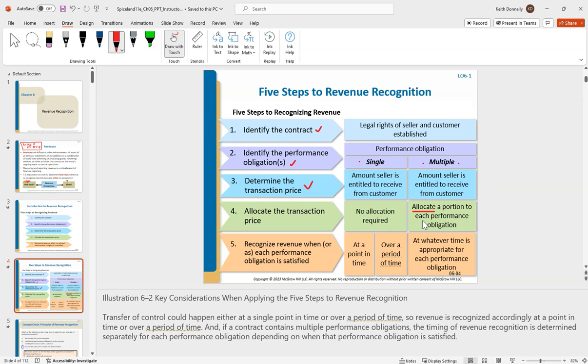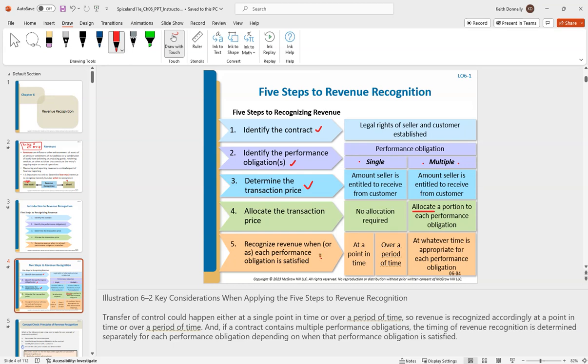How much of that are we going to allocate to the car portion, which we can recognize at the point of sale, versus how much to the subscription service, which we're going to recognize over a period of time, over the next 12 months as we earn it? We'll look at the formula for doing this. It involves a lot of standalone prices.